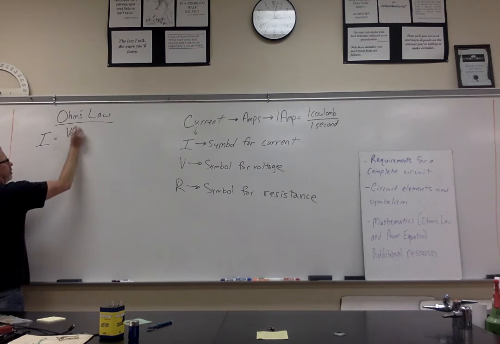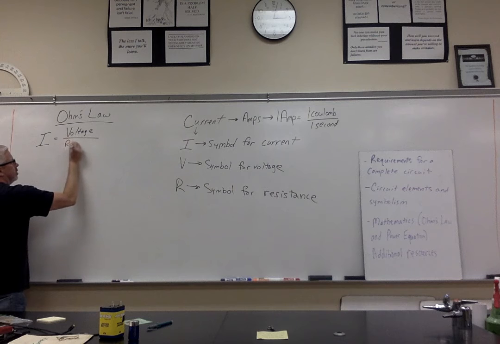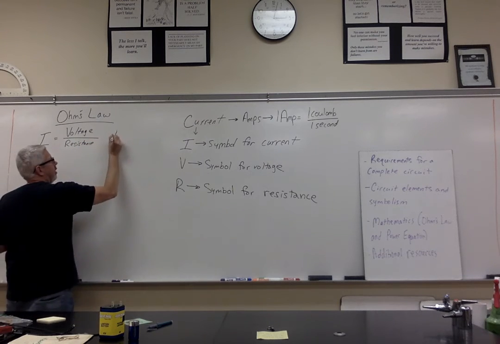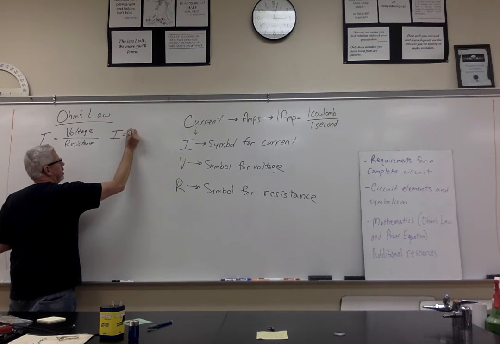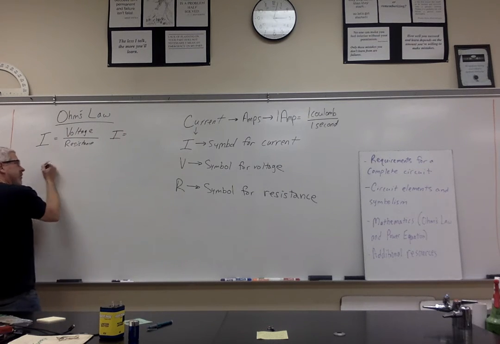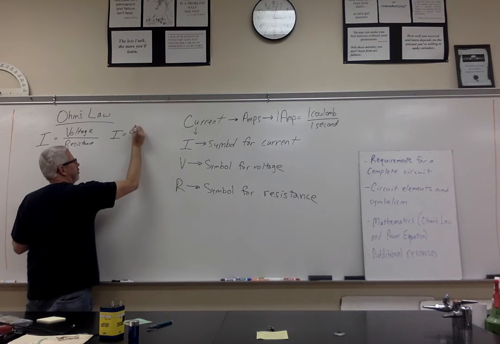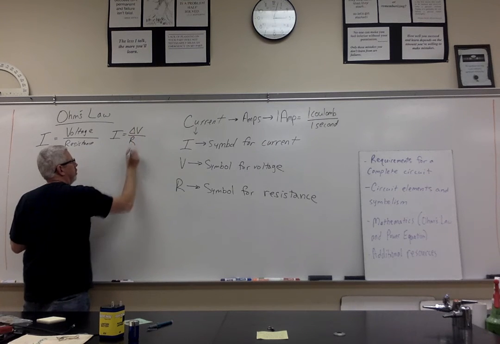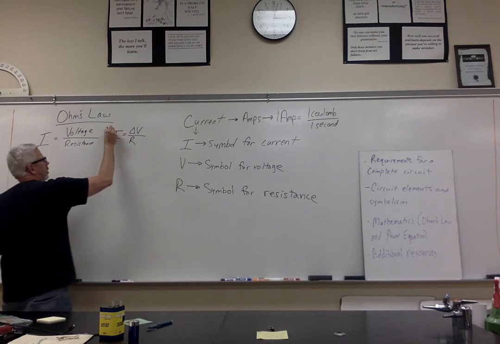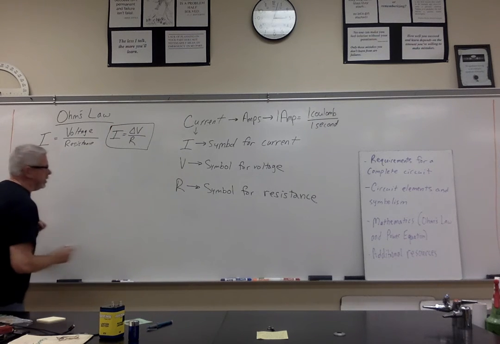It's a ratio of voltage over resistance. So I is equal to V. Really, it's a potential difference. It's a difference in voltage. So I'll say delta V over R. That's one to remember. Write down if you took your formula sheets out and things like that.